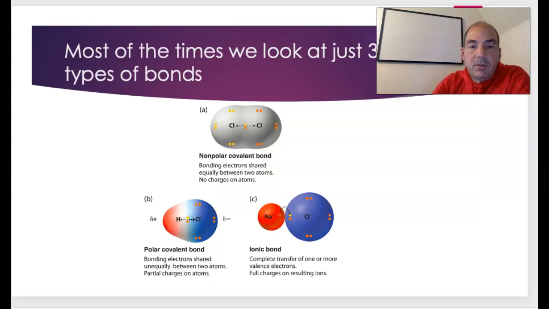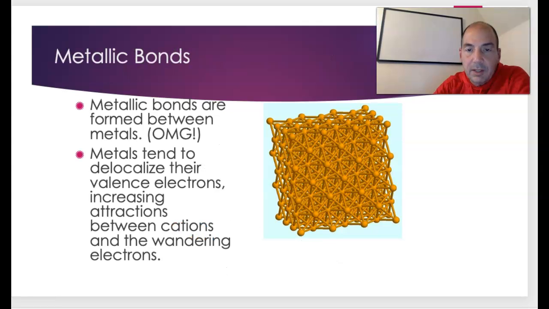All right, so most of the times we just talk about 3 types of bonds, okay, the nonpolar covalent, the polar covalent, and ionic. But we do have to talk about a 4th class of bonds, metallic bonds. Okay, metallic bonds are bonds between metals. Wow. Metals tend to delocalize their valence electrons.